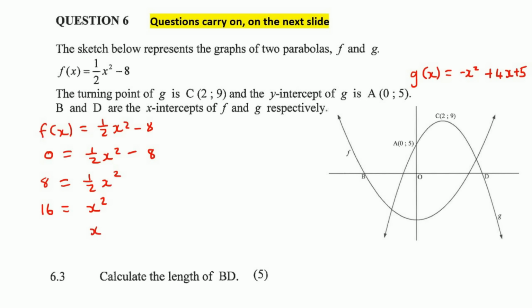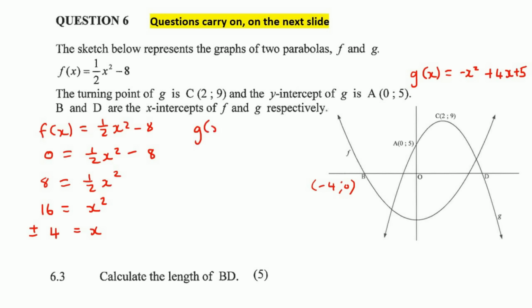And now we take the square root, and remember you always say plus and minus. Okay, so that one has x-intercepts at plus and minus 4. So that means that B would be negative 4 and 0, and then this point here, which they haven't labeled. Okay, we don't have to fill that point in. So there we go.